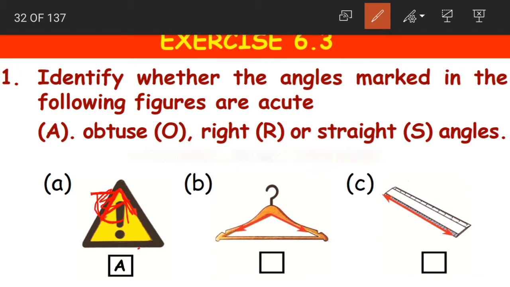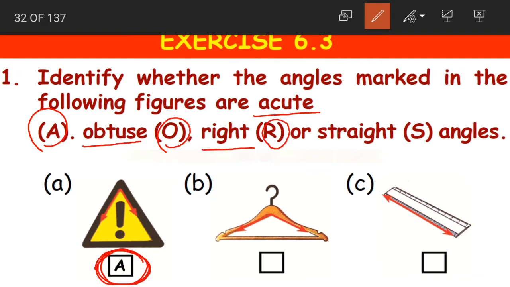This would have been our entire right angle, but the angle is smaller. As I said, small means acute, so the angle formed is an acute angle. We have written the letter A. So we are writing letter A for acute, O for obtuse, R for right, and S for straight angle.